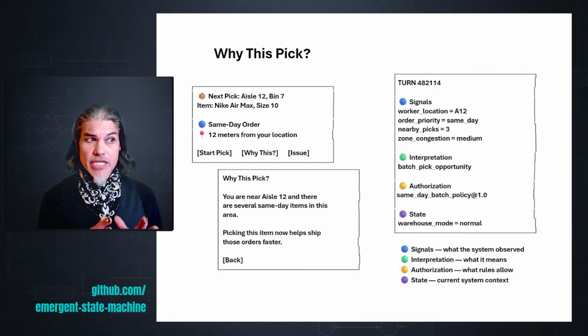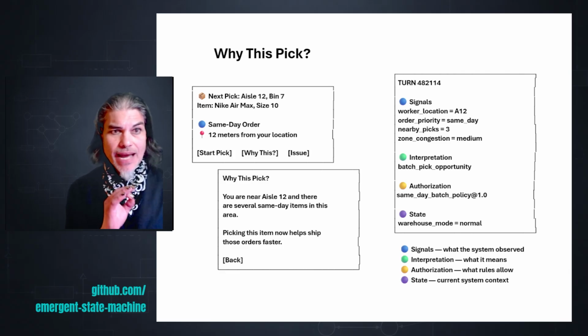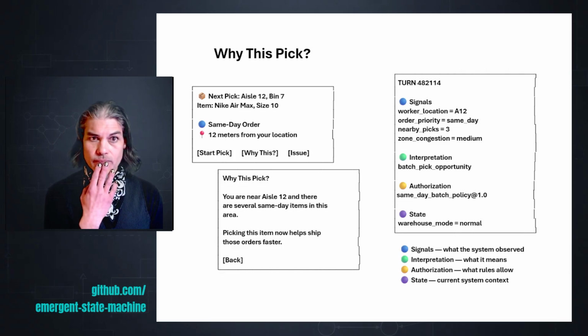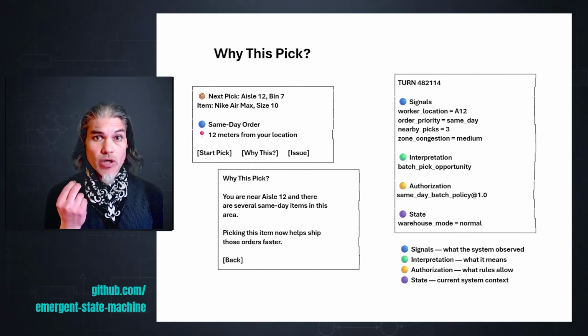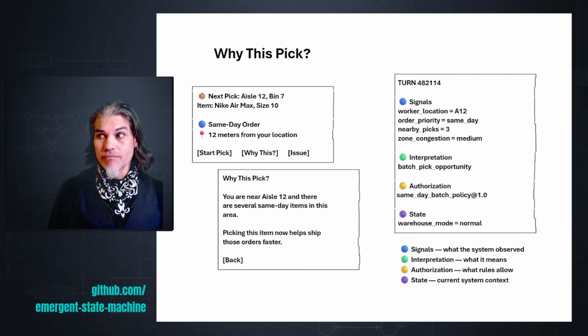The interpretation layer recognized that as a batch pick opportunity, and the policy decided that the next assignment should come from that batch. The worker now sees the result of that decision as their next pick.